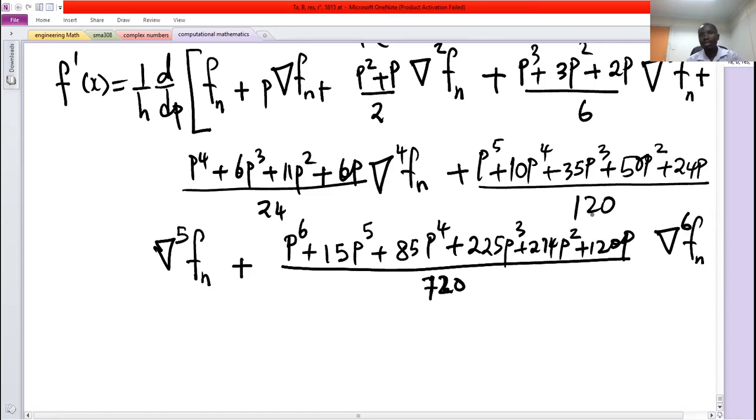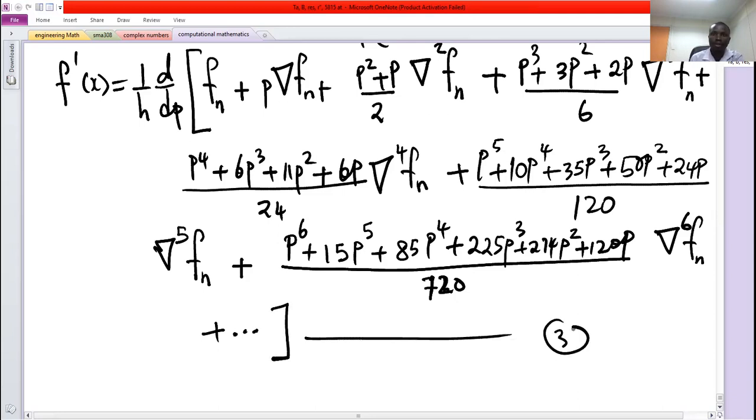Please write those terms and expand to confirm these expressions. And then plus other several terms. So let me call this one 3.